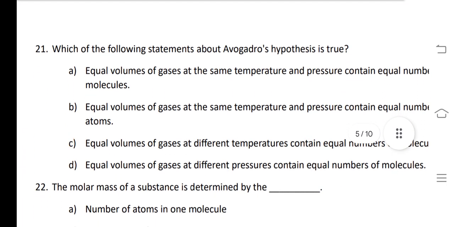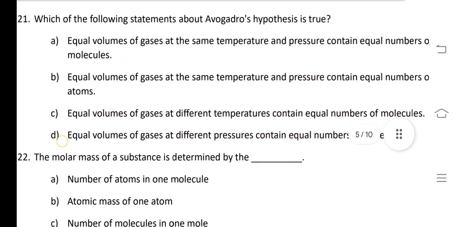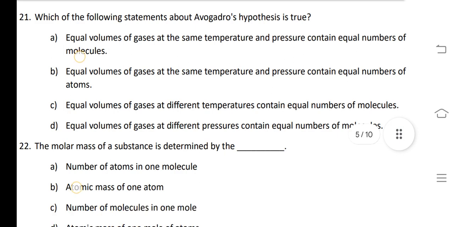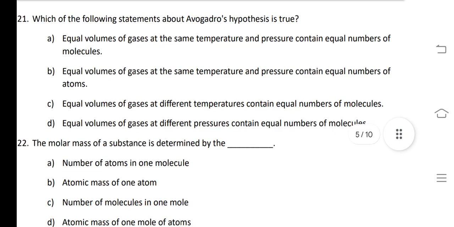Our next question is about Avogadro's hypothesis, which says equal volumes of gases at the same temperature and pressure contain an equal number of molecules. That is the correct answer.